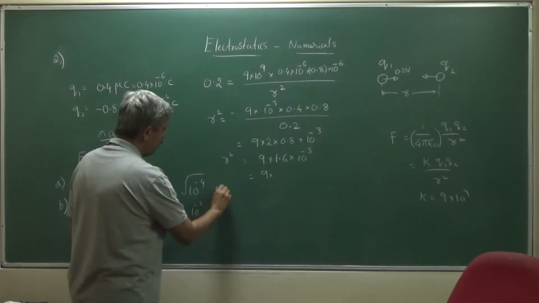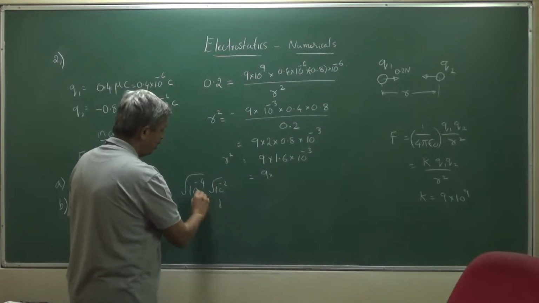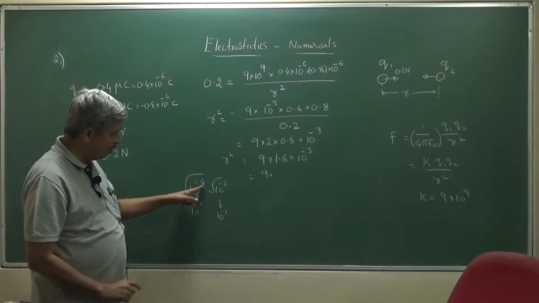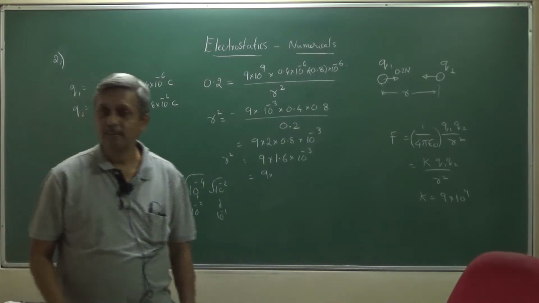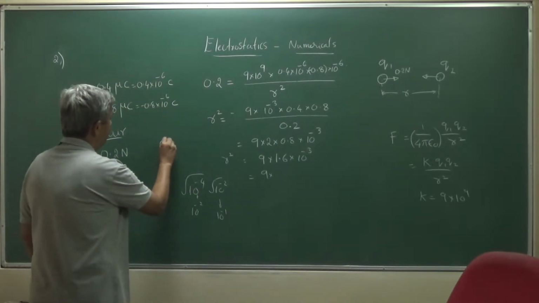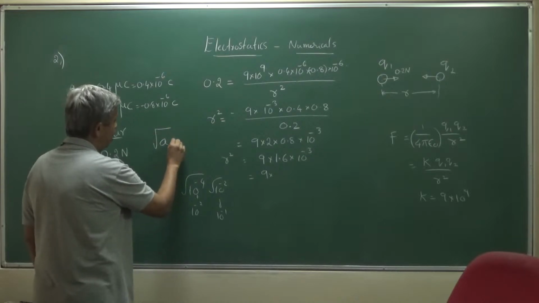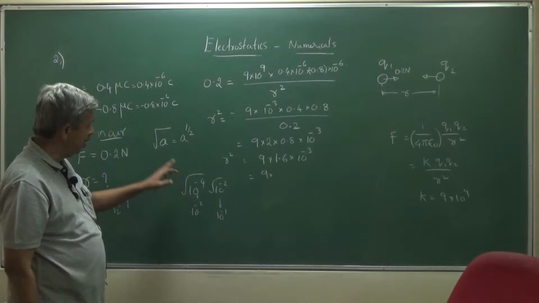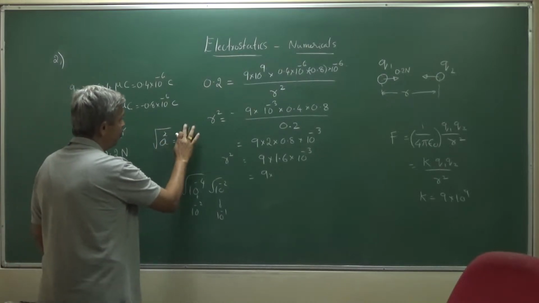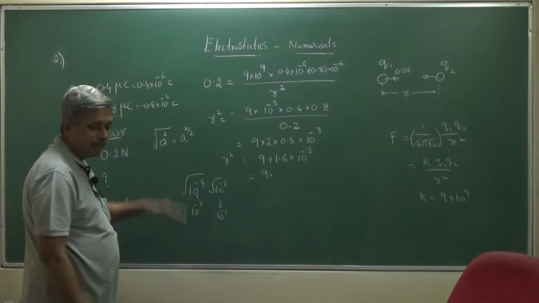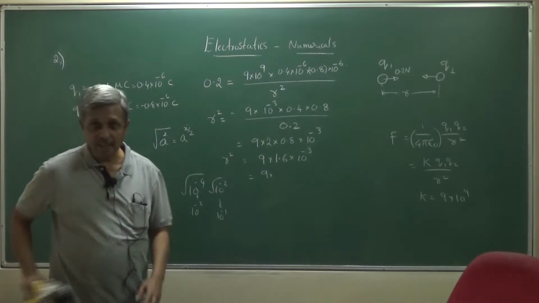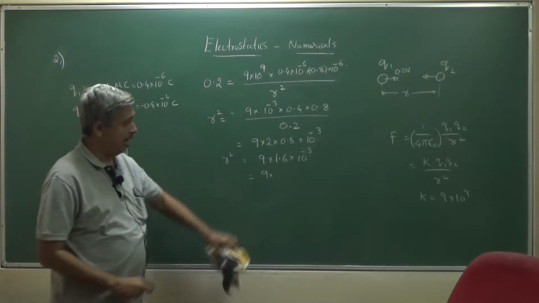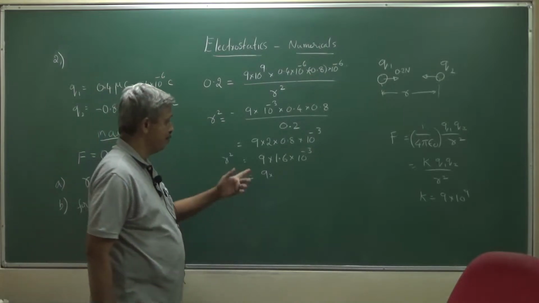If it is 10 power minus 2, its square root is 10 power minus 1. Whenever you take a square root, the power gets divided by 2, because square root of a is the same as a power half. So I want to keep the power of 10 as an even number.